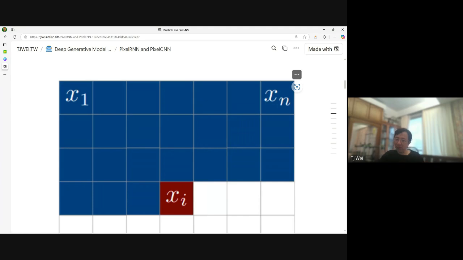From the following, you will see why they are concerned about this issue. This is a natural question that arises from this approach. When I say this approach, I mean applying an autoregressive model on images.